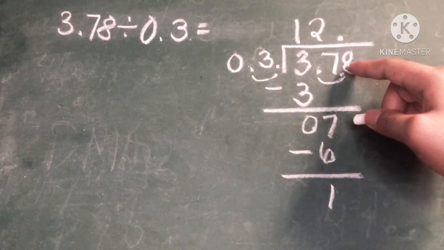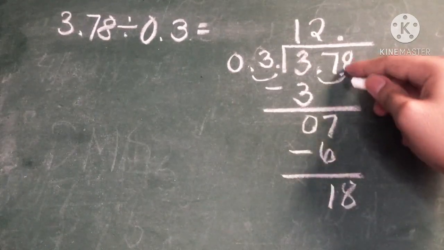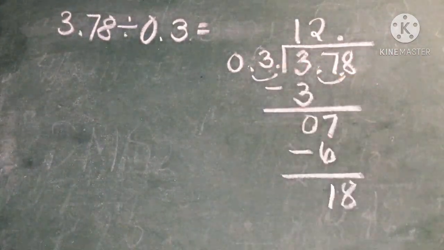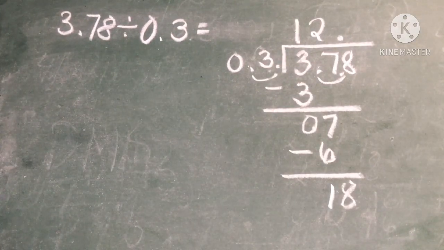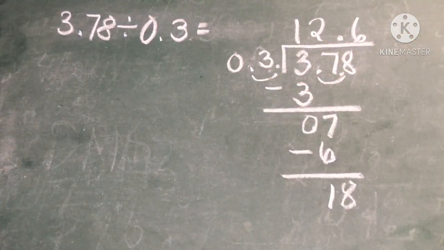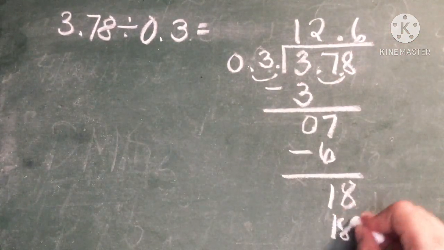And next, bring down 8. Yan, bababa natin yung susunod na digit. So, 18 divided by 3 is equal to 6. Then, 6 times 3 is equal to 18.